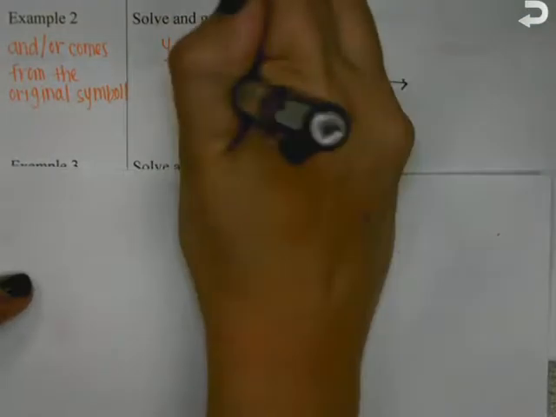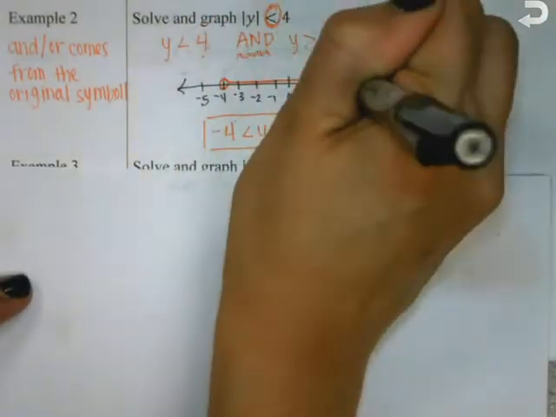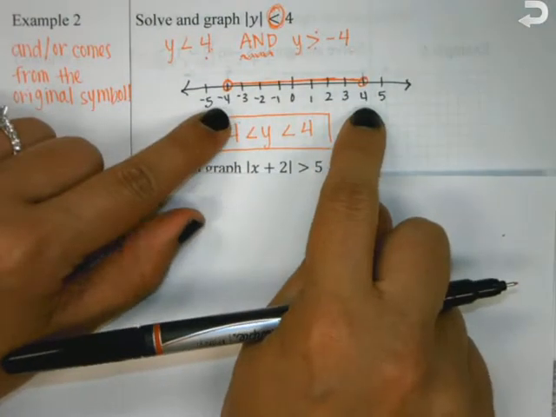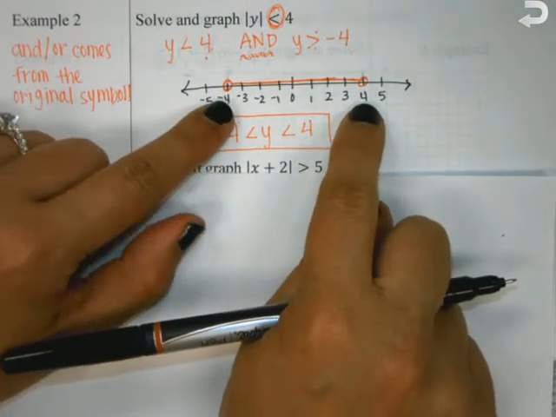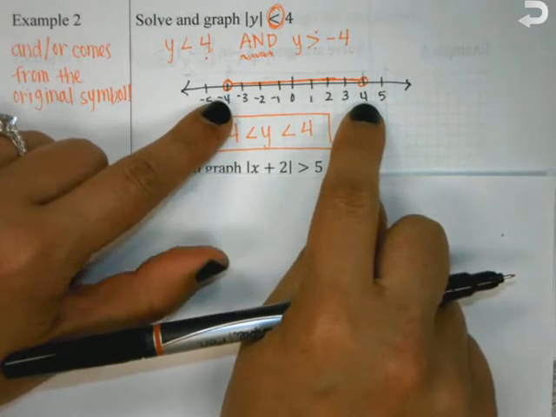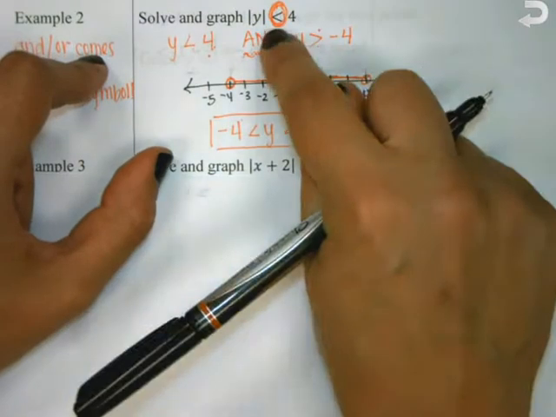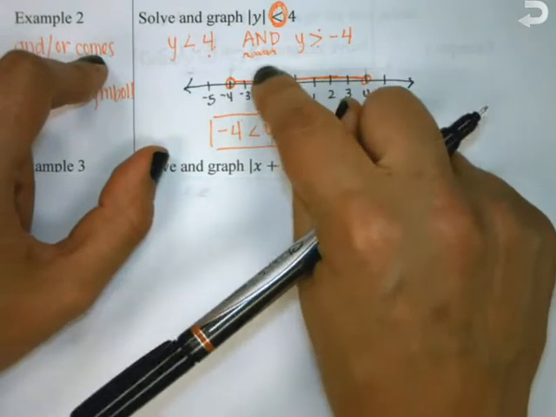So this is what I meant when I said up at the top that there's no arrows. Whenever your original inequality is less than and your word is and, you will never have arrows as your answer. It's always going to just be the end point and the area in between.